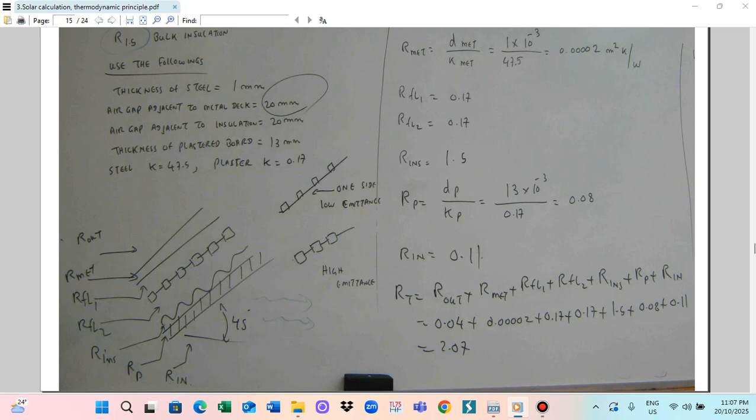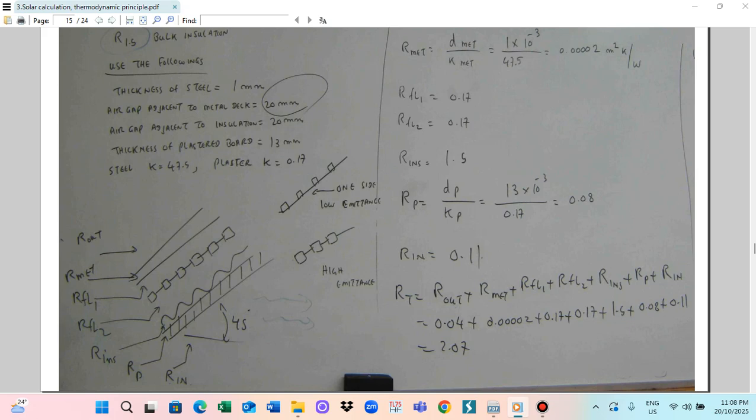You got that calculation, and then you can calculate R in, the inside air. Inside is the straight air here. So for the inside air, the air resistance can be 0.16 because of the horizontal.